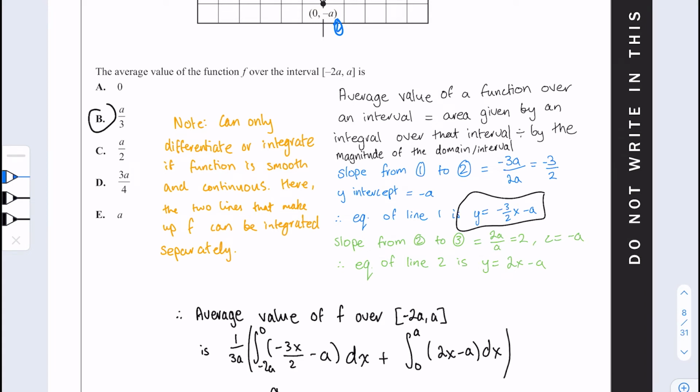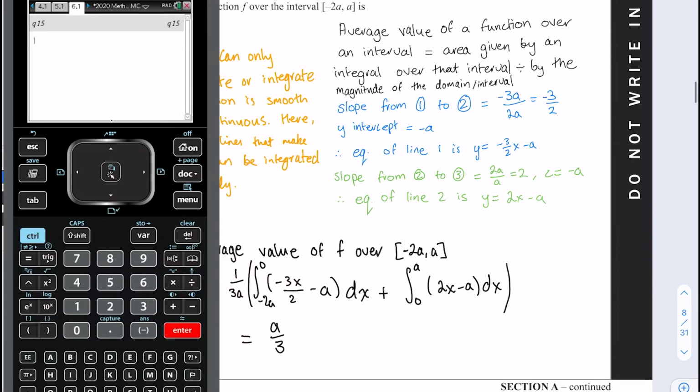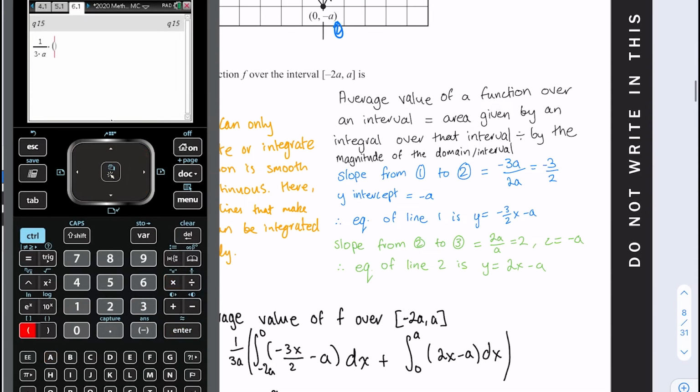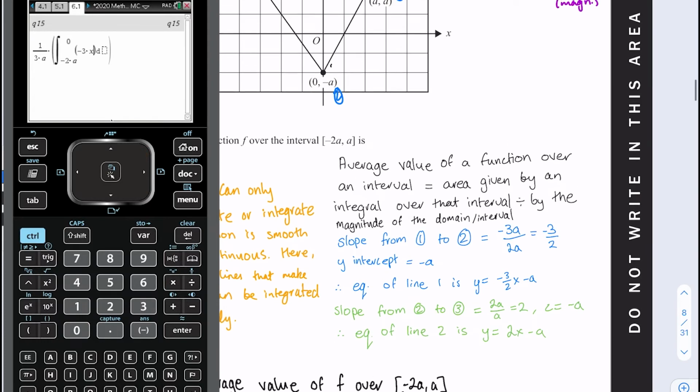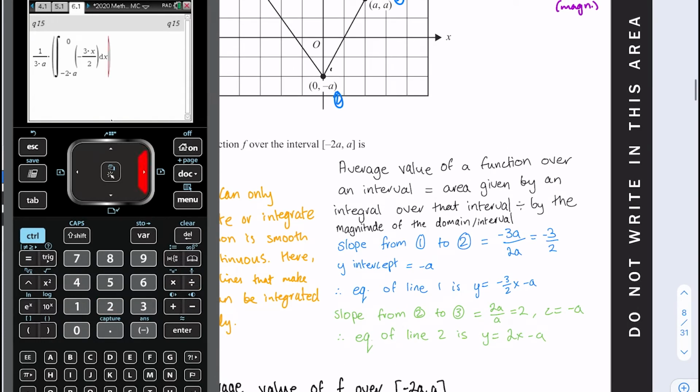Once you have those 2 equations, then you need to know how to find the average value of the function over an interval, and that is the area given by an integral over the interval, so it's the area under the curve for that function, divided by the magnitude of the domain or interval.